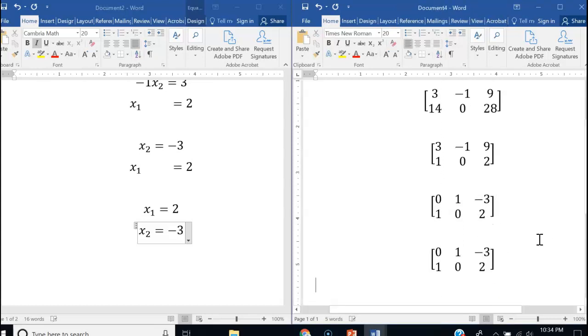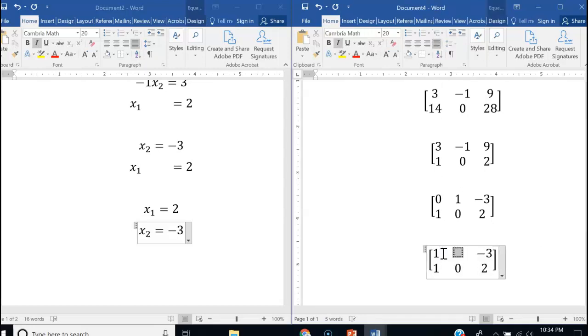So let's go ahead and do that. Now, when you do this, notice what kind of matrix we have.